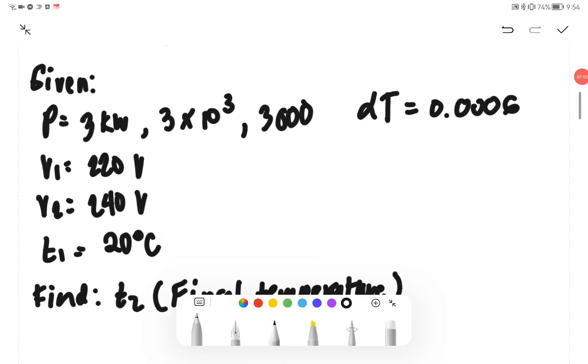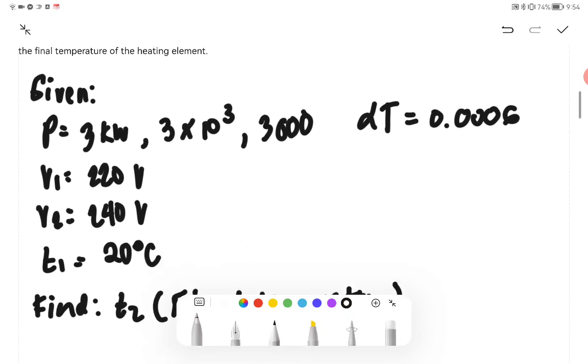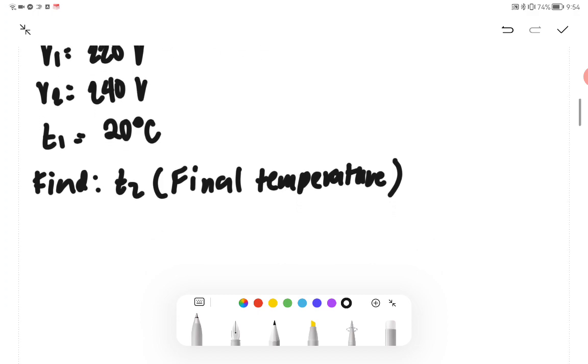So with that, we have to generate two resistances using 3 kilowatts, 220 volts, and 240 volts.